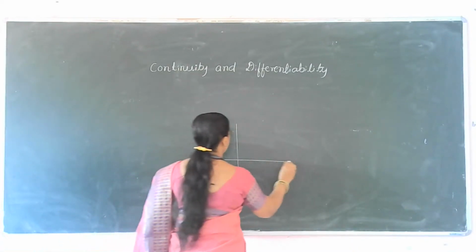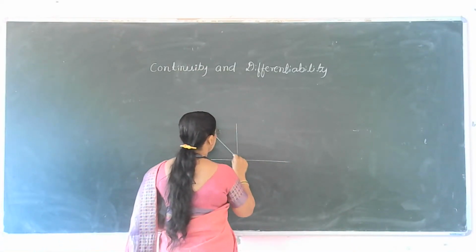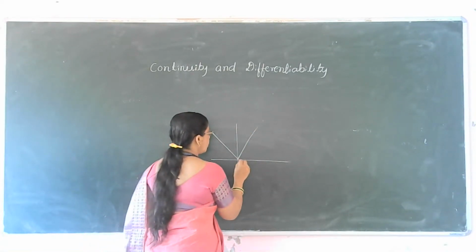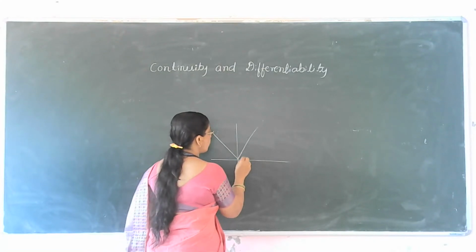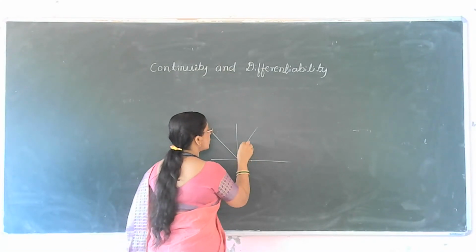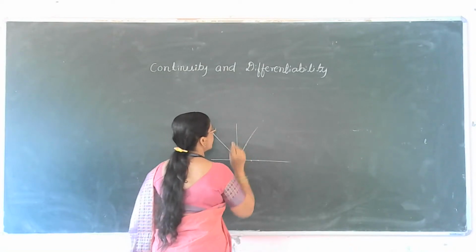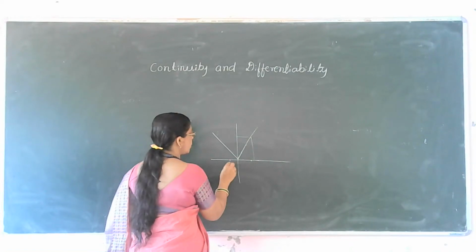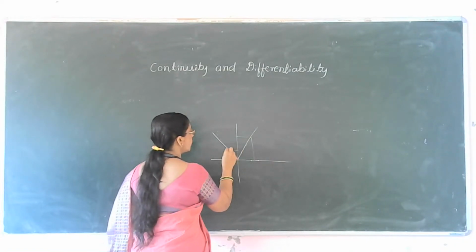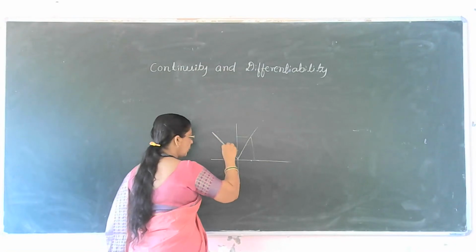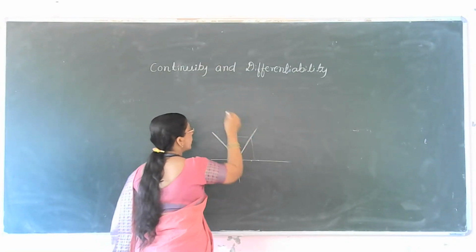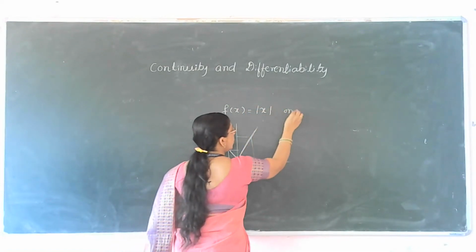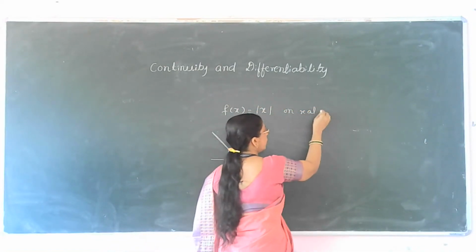The graph of the function is like this, because plus 2 is plus 2, plus 1 is plus 1, plus 3 is plus 3, and here minus 1 or minus 2 gives plus 1 or plus 2. Therefore, this is the graph of the modulus function f of x equal to mod of x on real numbers.